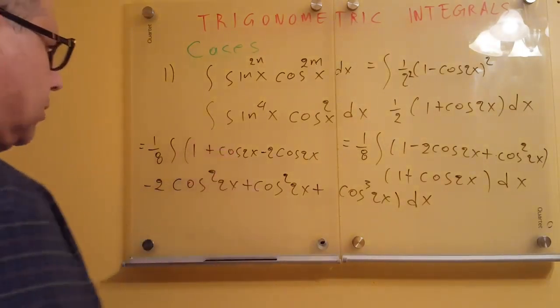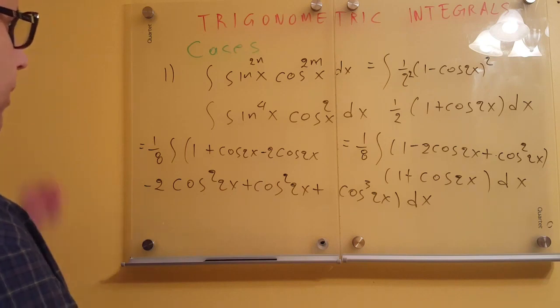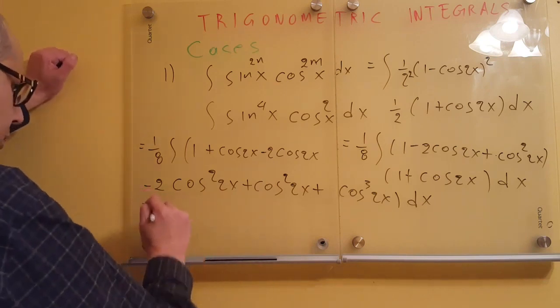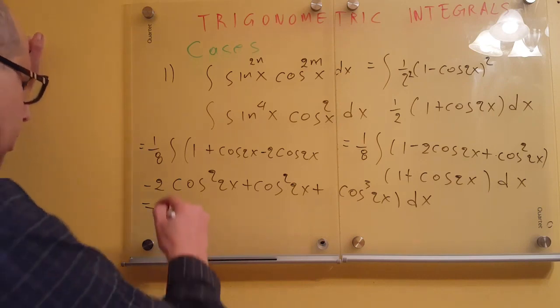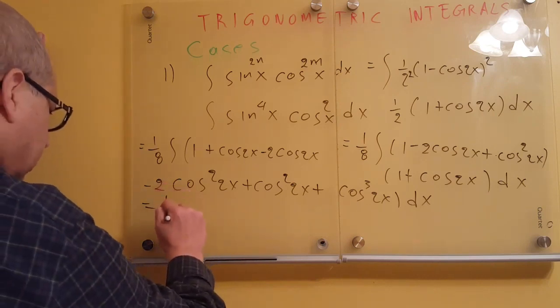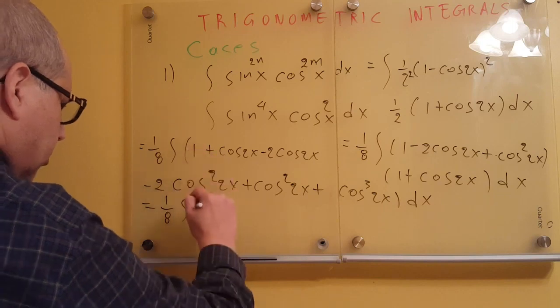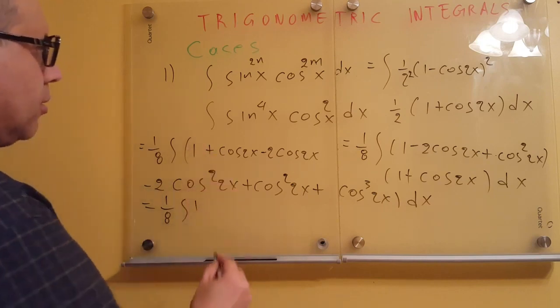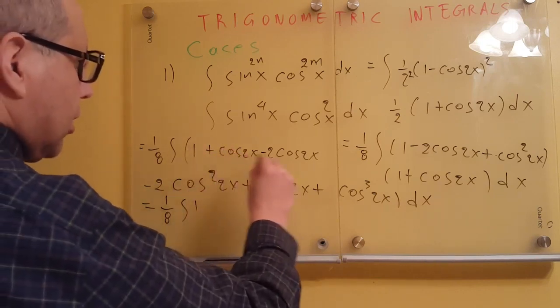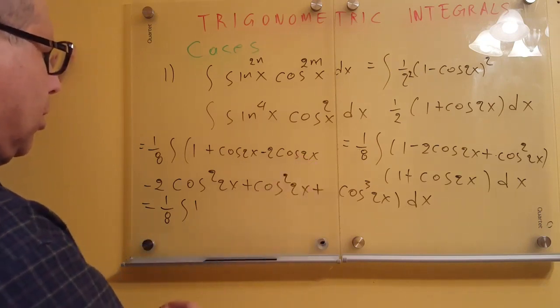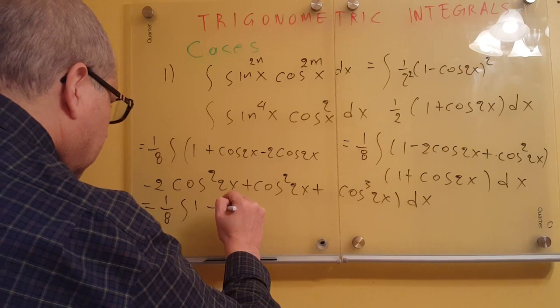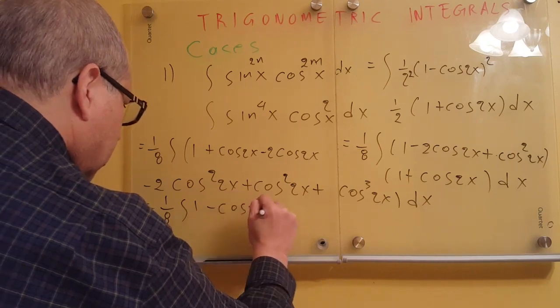Okay, so now if we rewrite this, we have 1/8, and inside we have 1. Now plus cos 2x minus 2 cos 2x is equal to minus cos 2x.